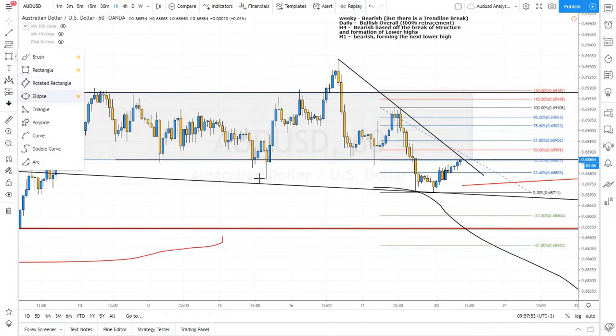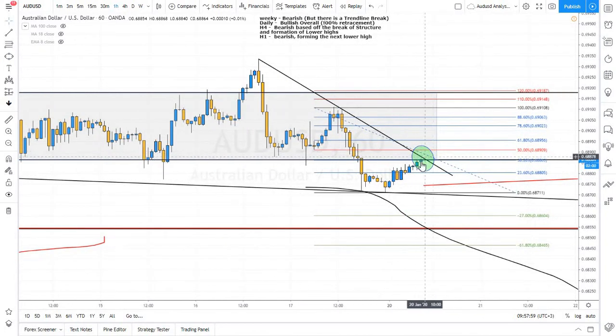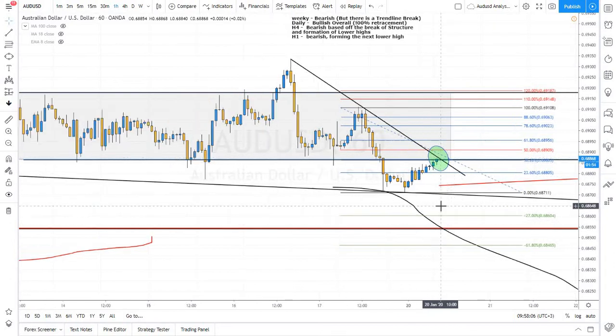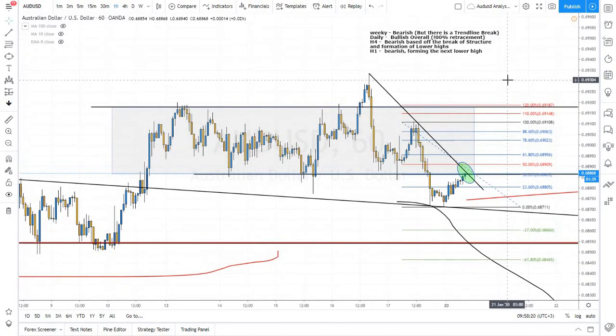Remember, the third touch confirms the validity of a trend line. So based off that, if the market now finds resistance and prints a reversal candlestick pattern, then we are obviously going to take that. If it breaks above, like we've talked about, enters back into the zone, and tests this area of support, we're going to buy it up to the top of the zone. That is, if you know how to trade the zone.